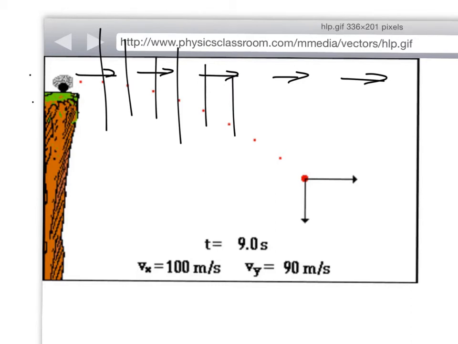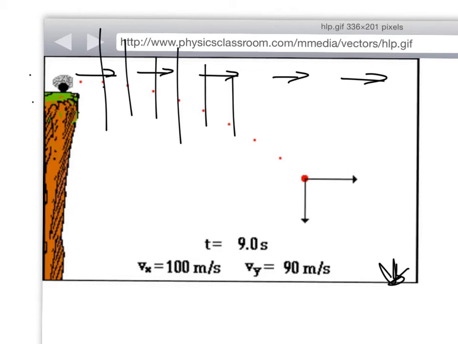There's nothing speeding this object up or slowing it down, and as a result, horizontally speaking, if it had an initial horizontal velocity, it will simply continue to have that same horizontal velocity for all time, except that it obviously hits the ground, and that's what stops the motion. But other than that, the horizontal velocity is constant and doesn't change.